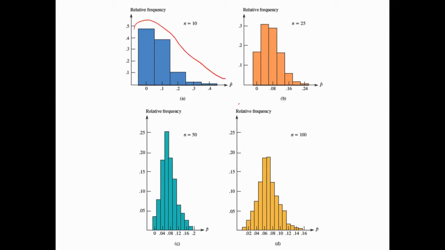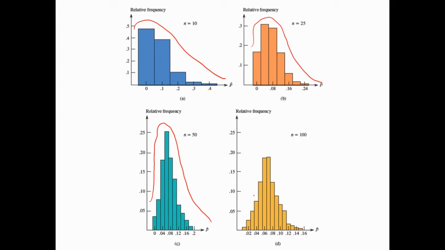That's right. What about when we bump it up to n equals 25? It's still skewed right, but it's a little more symmetric. Yeah, we're getting there. We're moving the top part over. Then we get up to n equals 50. It becomes normal. We're getting there.